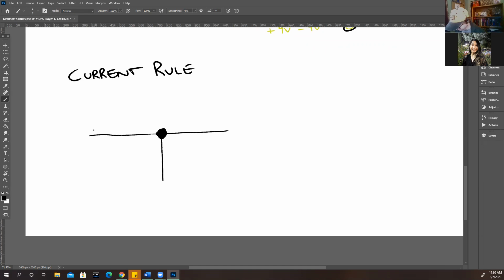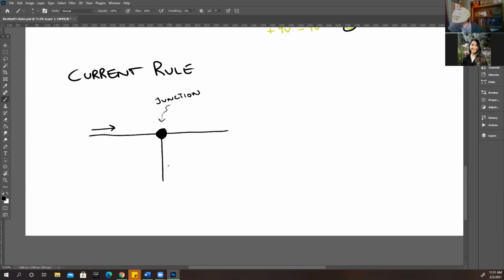Let's say the current is flowing this way. And let's say that after this junction, the current is flowing that way and that way.